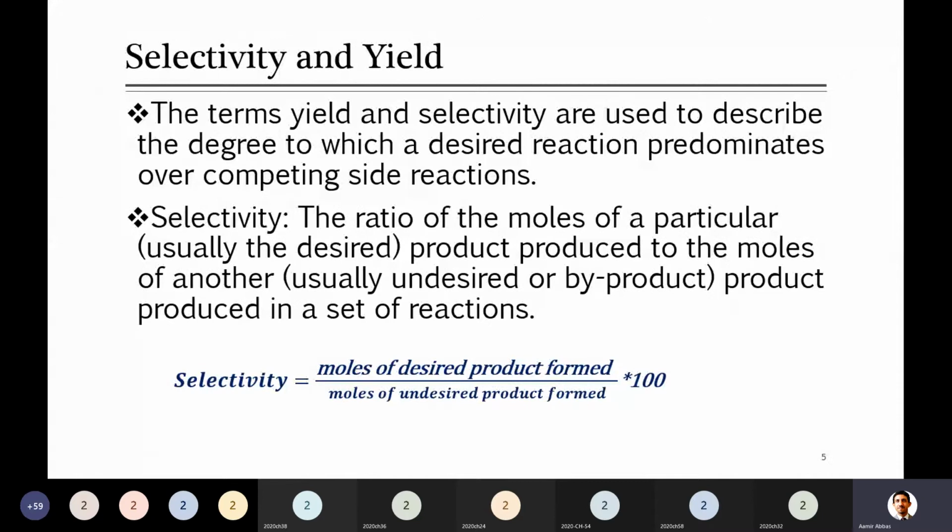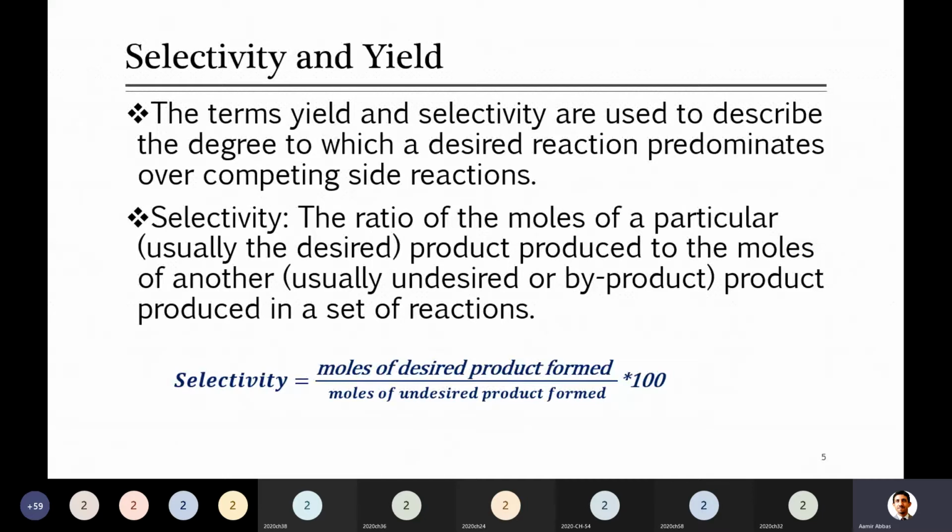Selectivity, we discussed very briefly last time. Selectivity is the amount of the desired product and its ratio with the moles or amount of any undesired product.